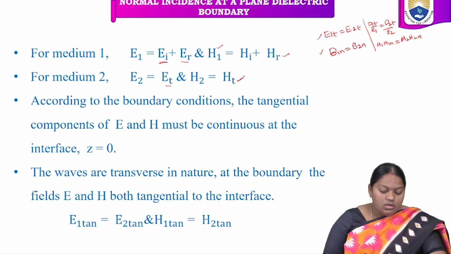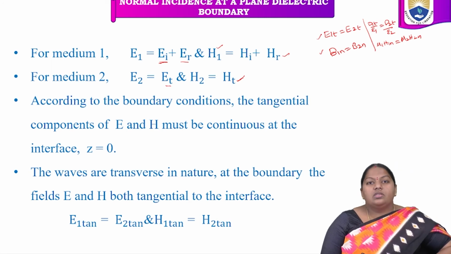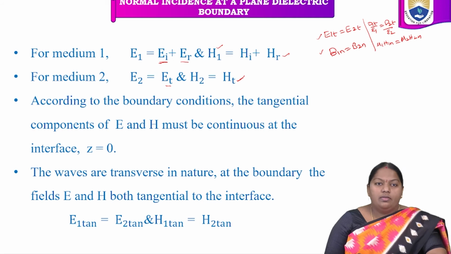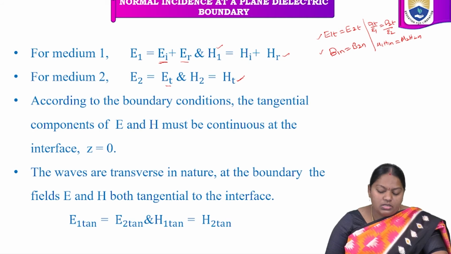So, according to the boundary conditions, because the two media we have considered are two dielectric media, the tangential components of E and H must be continuous at the interface, that is at Z equal to 0.